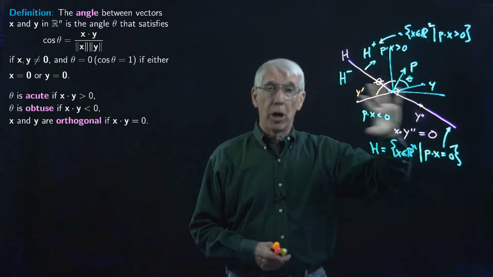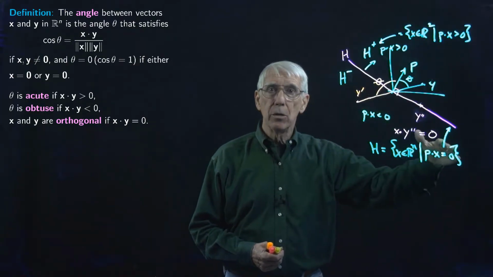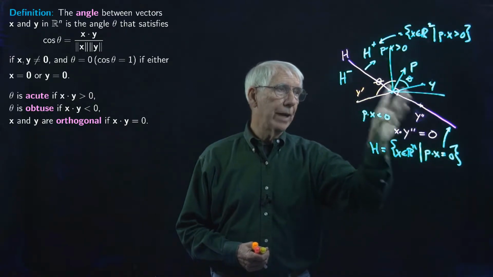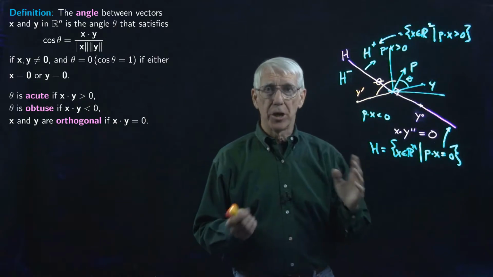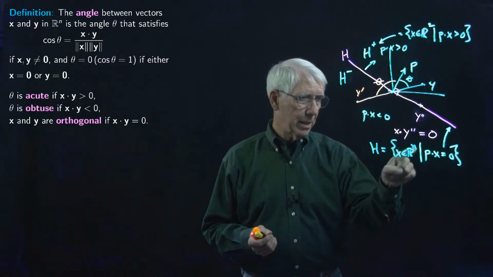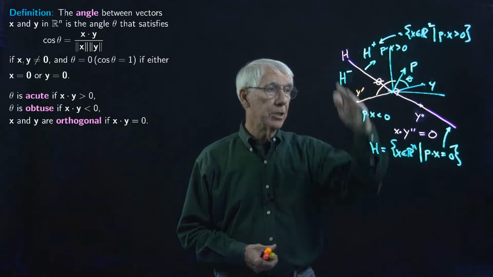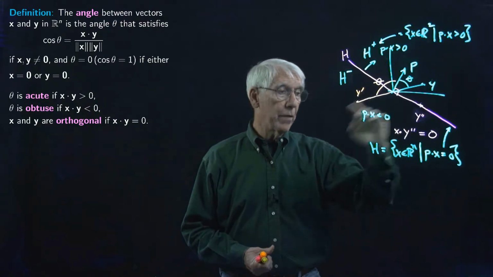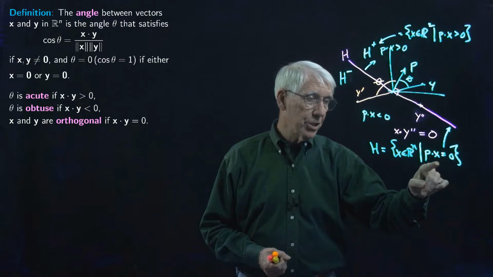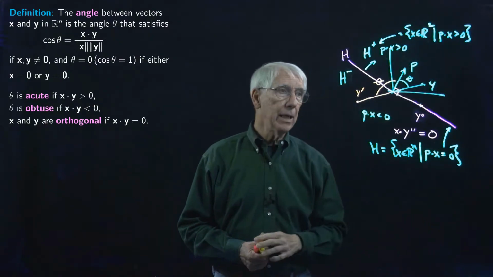That would be, in R3, a plane through the origin. All the vectors perpendicular or orthogonal to p. And of course, it's hard to picture as soon as n gets bigger than 3, but we can still, analytically, talk about and work with the set of all the vectors that are orthogonal to p.